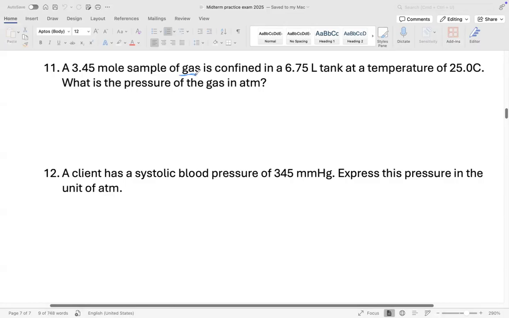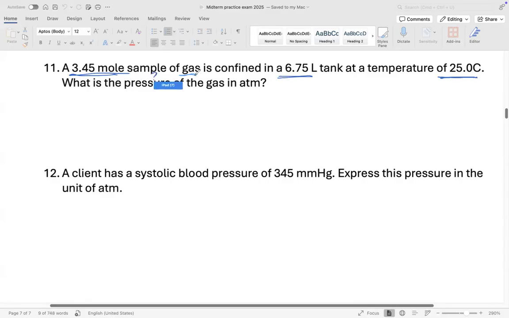Basically, because it gives us a bunch of variables. We got moles. We got liters. We got temperature. And we're trying to find pressure.